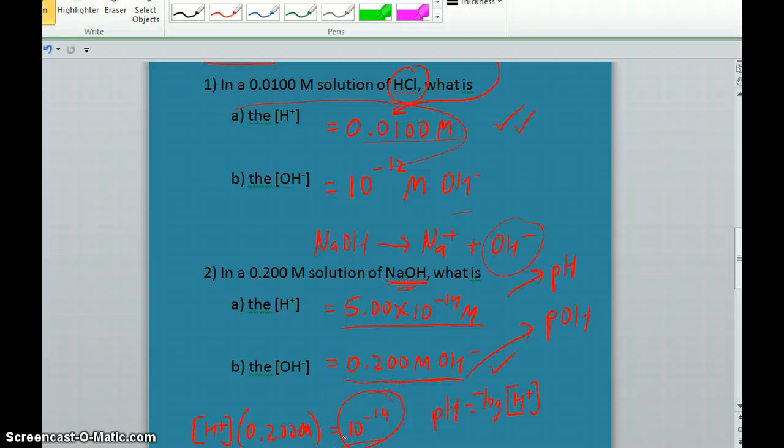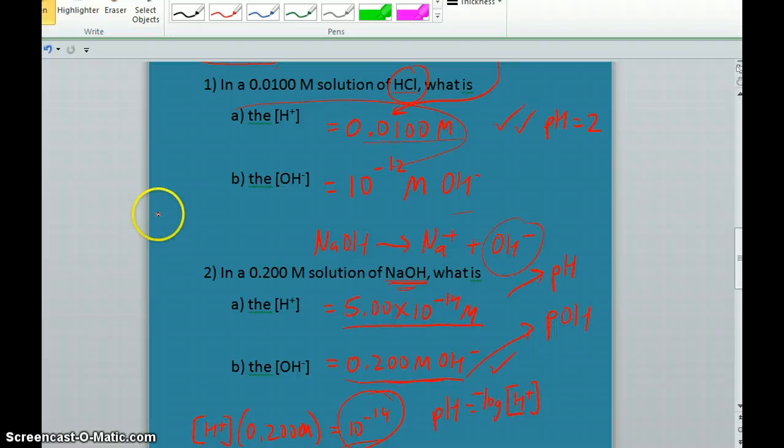So if I were looking at, say, this first problem, and I wanted to know the pH of this solution, well, since the proton concentration is 10 to the negative 2, the log of 10 to the negative 2 is negative 2, and if I change the sign, make it negative, I get a pH of 2. That's easy enough, especially when you have powers of 10.